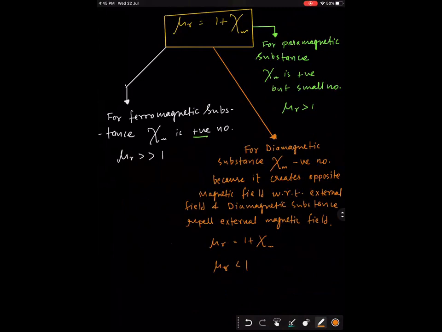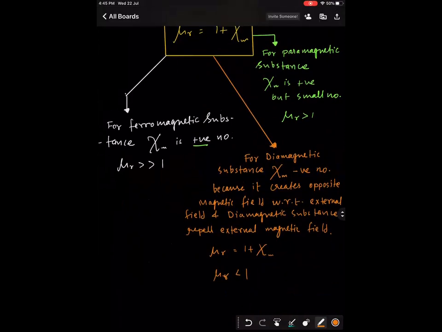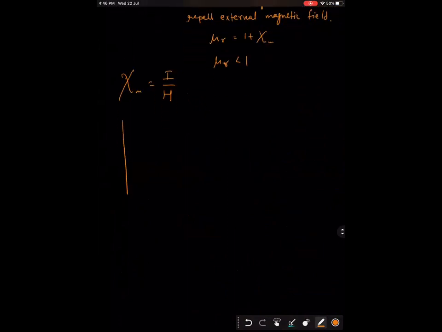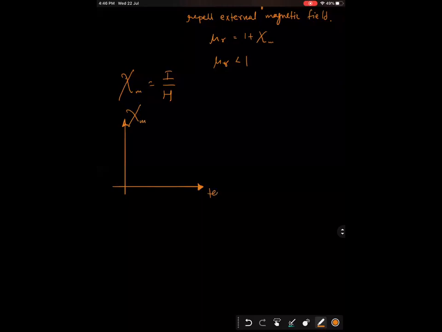Now, what is actually chi? It is I by H, sorry. I by H. So if you make a graph between chi and temperature for the paramagnetic substance, it will behave like that.